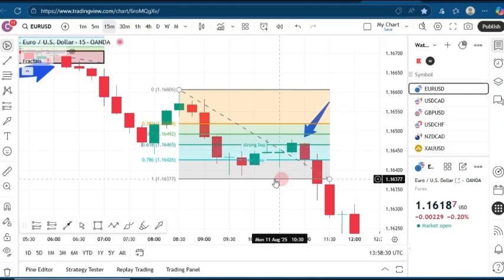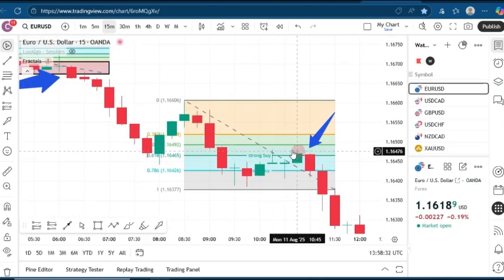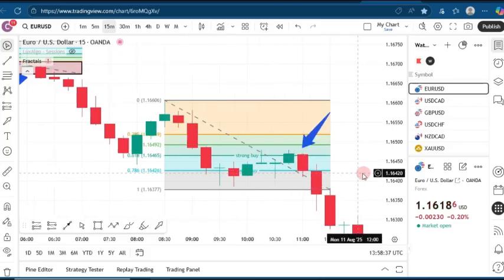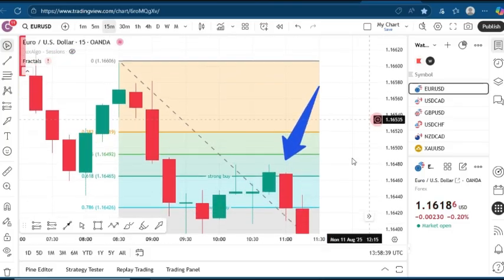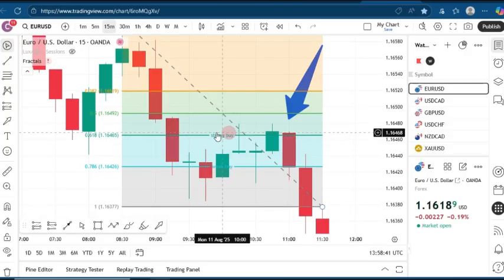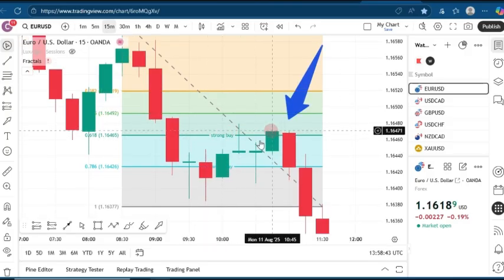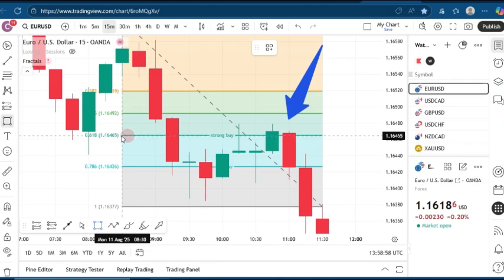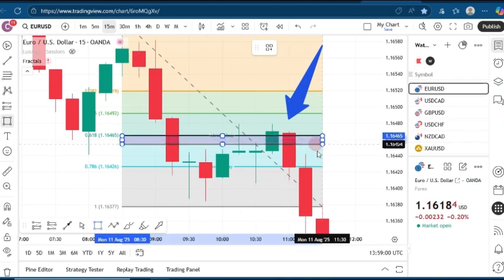And you can see that price did get to the strong buy area, but the only challenge is this: after getting to the strong buy area right here, it was supposed to give us a full candle that had no wicks. So make sure that candle has got no wicks, or rather after the bullish candle, because look at this. You can see the strong buy area is right here.